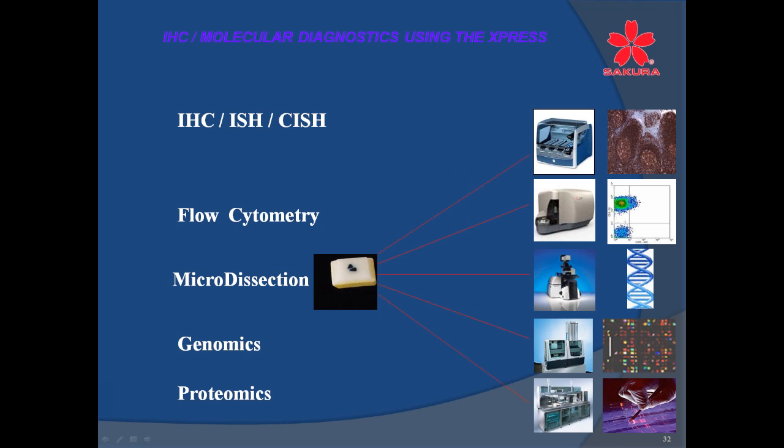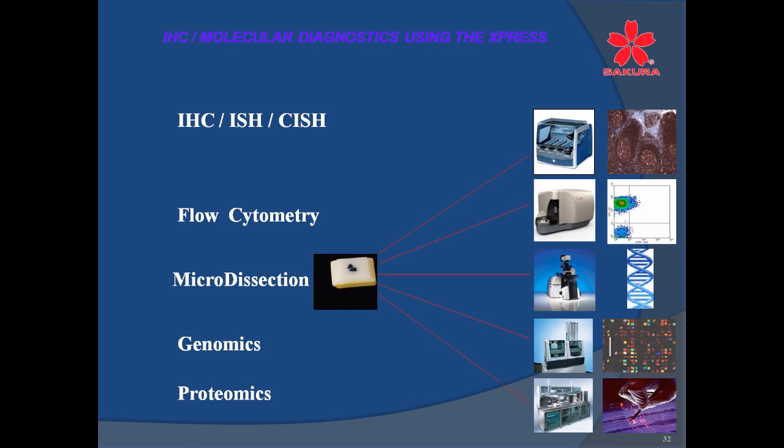Now, I throw this last slide up here to show you the things that you can get out of one tissue block today. And certainly in the future, if we're able to find fixatives that are molecular-based, you can see here what we can do. For this one block, at the top, you can do IHC, ISH, and FISH.